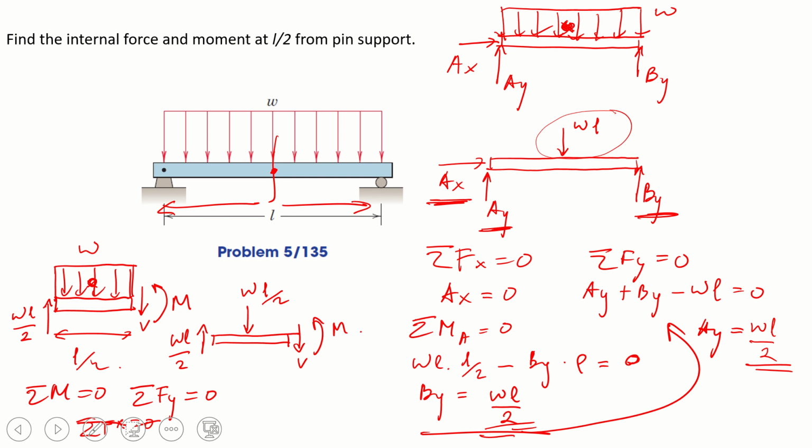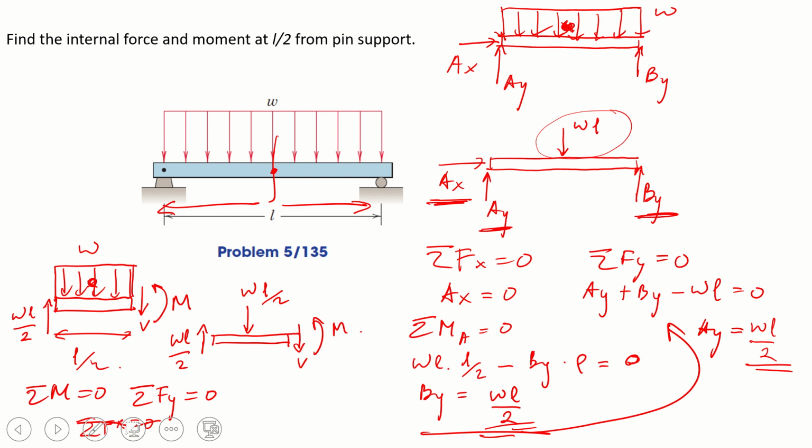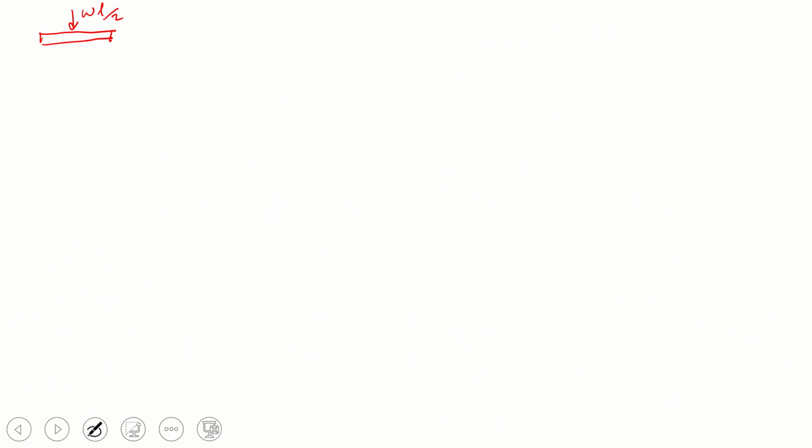Okay, let's use a new page. Let's draw again. wL per 2, and wL per 2 here, V, M. L per 2.